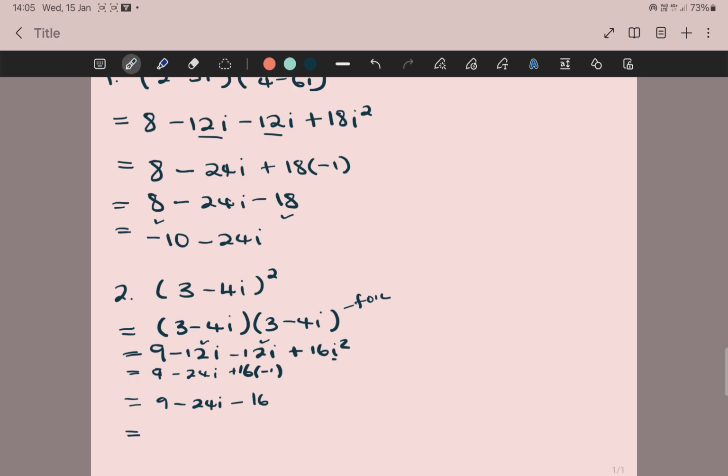Then we have 9 minus 16. It will give me 7 minus 24i. That's how easily you add, subtract, and multiply complex numbers. In the next video, we'll be learning how to divide complex numbers.